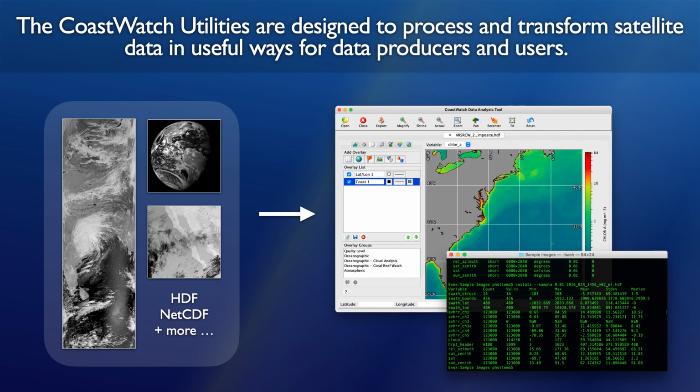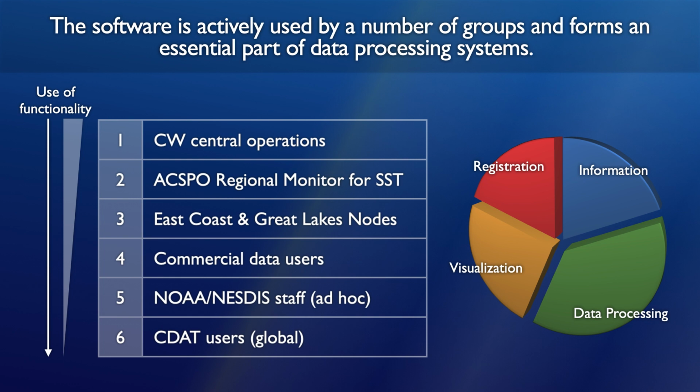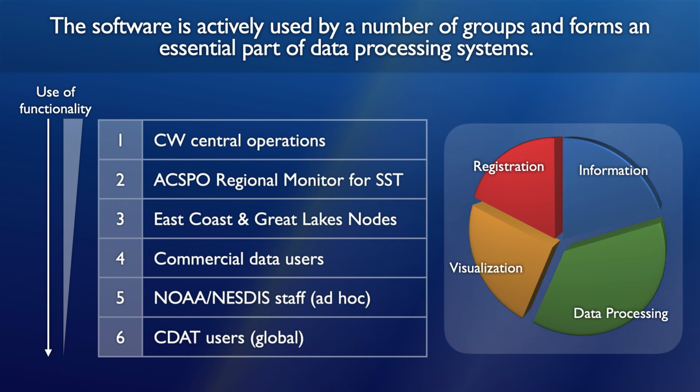So the next question you might ask is, who uses the software? Functionality is weighted towards data processing and mapping data to projections, or registration. And a number of user groups use the software, including the CoastWatch Central Operations, which is the most heavy user of the most functionality.